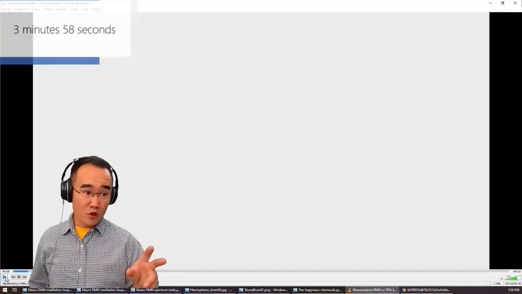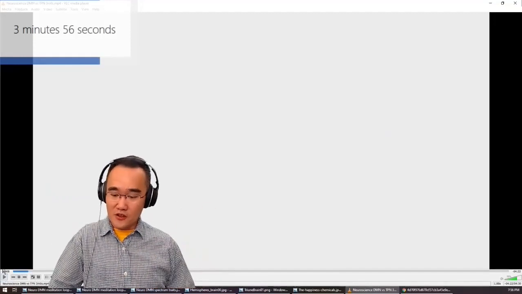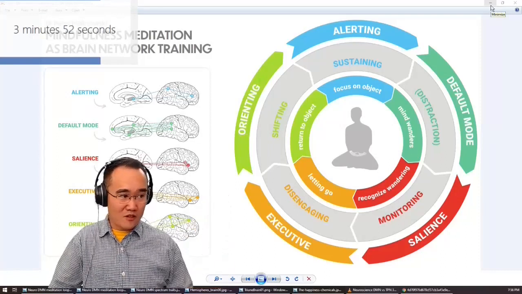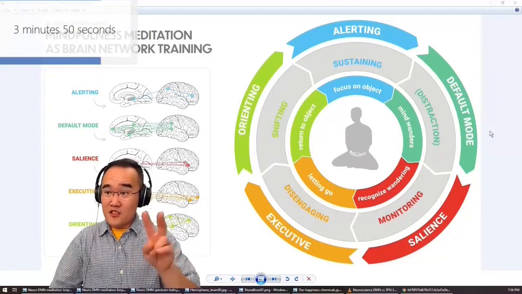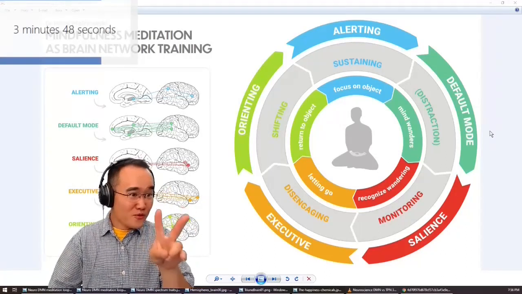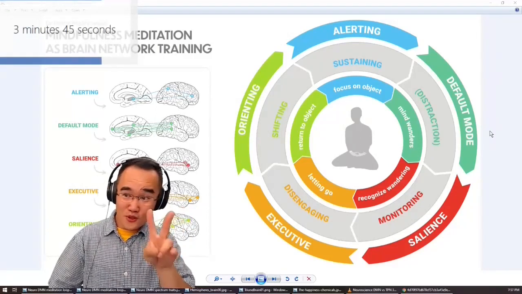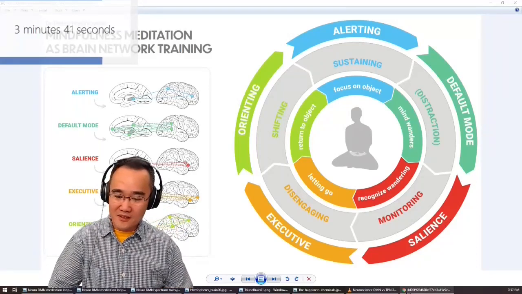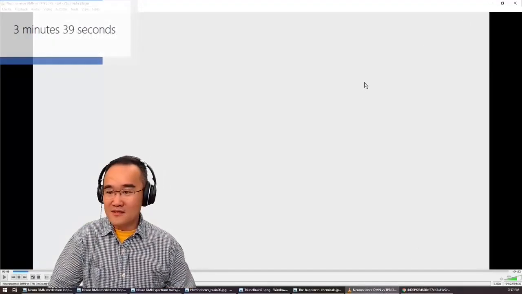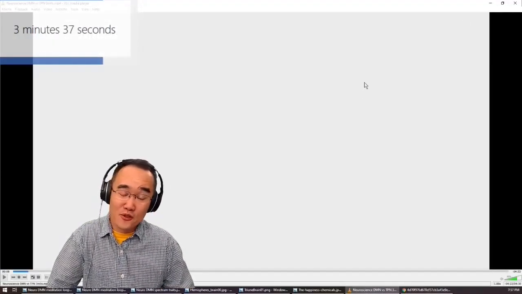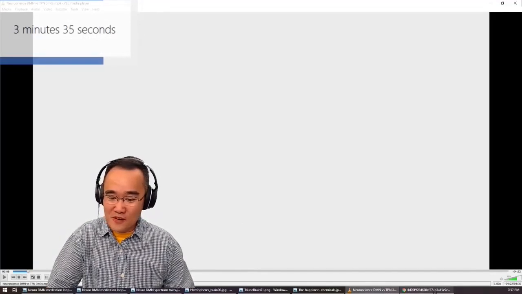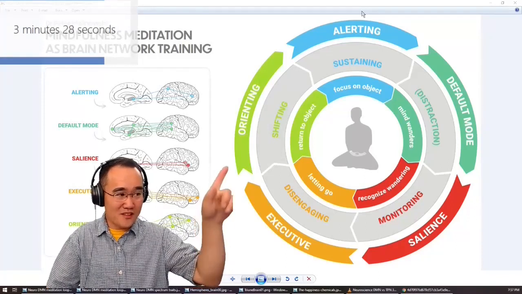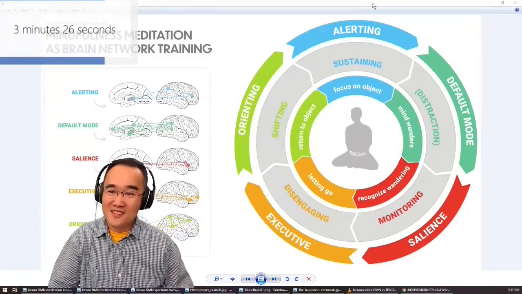So this is a little simpler. Instead of the other chart, which had 5 categories that are kind of hard to remember, this is a breakdown of 2, so it's easier to remember. You have the default mode network, and then you have the TPN, the task positive network, which roughly simplifies the salience, executive, orienting, and alerting all into one network.